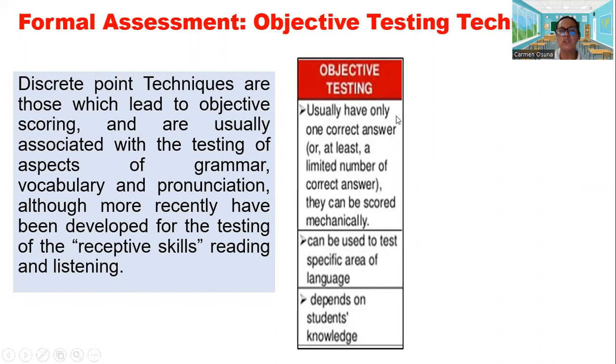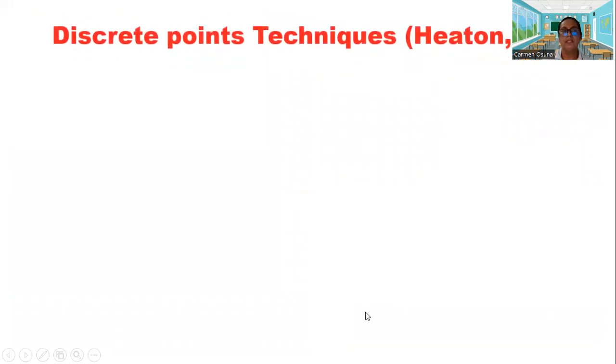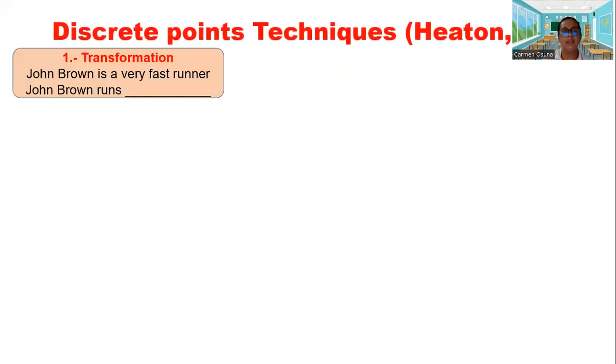Objective testing usually has only one correct answer, or at least a limited number of correct answers. They can be scored mechanically. Can be used to test a specific area of language. For example, elements of grammar, vocabulary, spelling and punctuation, pronunciation, intonation, and stress. Depends on student's knowledge.